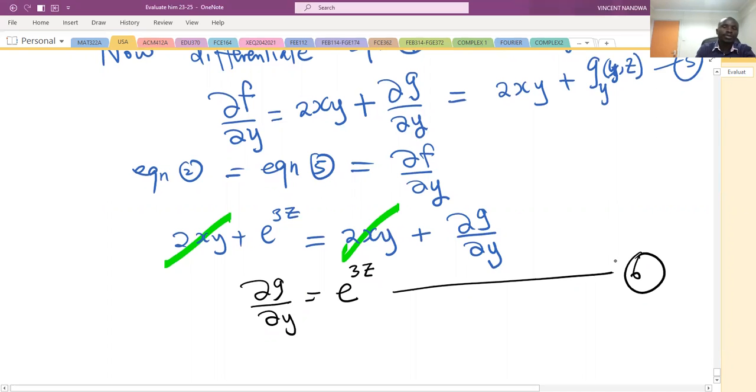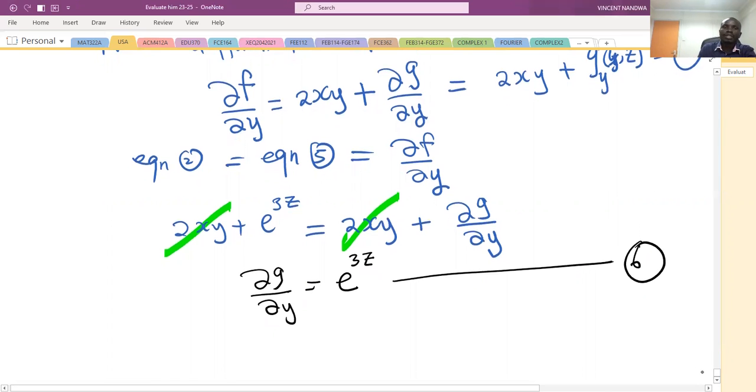So to get g from equation 6, simply integrate both sides with respect to y.